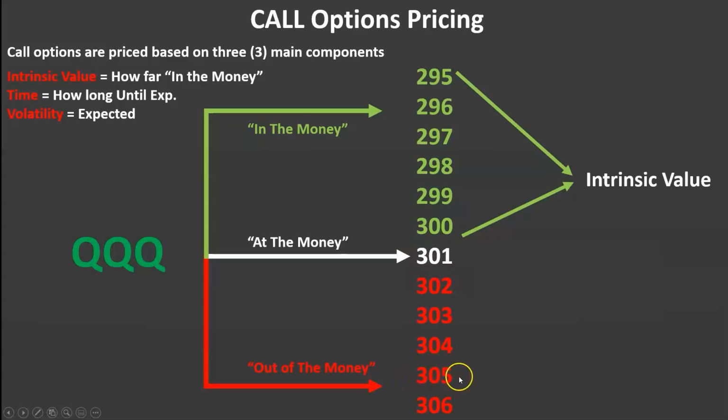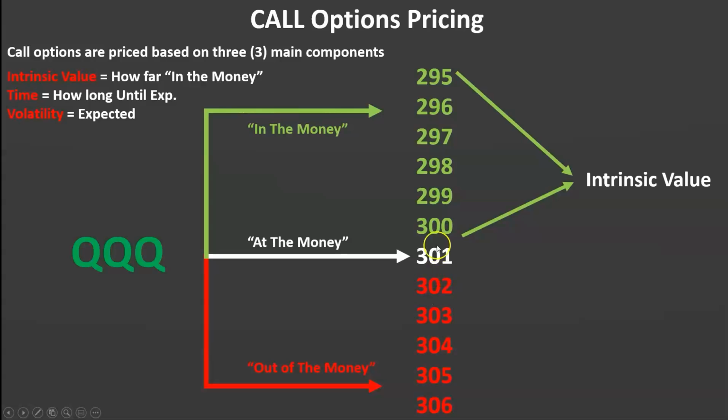I'm going to pay pennies on the dollar for this right because at the current stock price, $305 calls are worth almost nothing because anyone can buy it for cheaper. But if in 3 days the price goes from $301.10 to $310, and I have the right to buy at $305, now all of a sudden $305 will be $5 in the money.